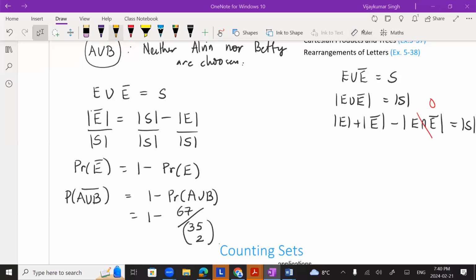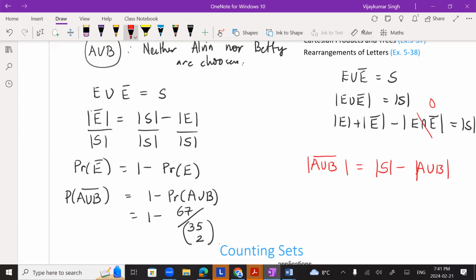You could do it slightly tediously too. The slightly tedious way would have been to say, okay, the size of A union B complement is the size of S minus the size of A union B. Yeah, you could have done it that way as well.